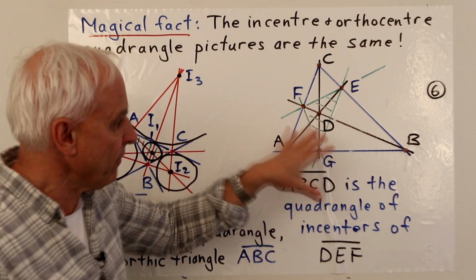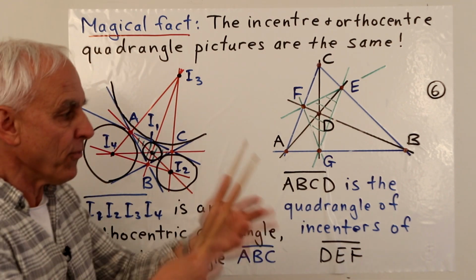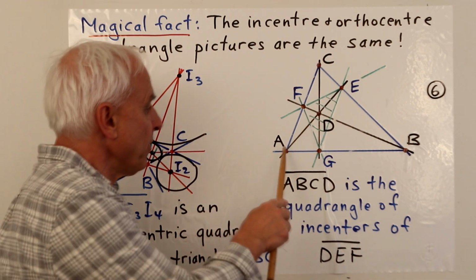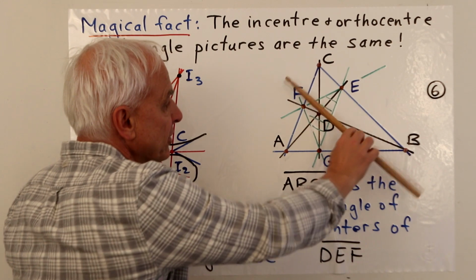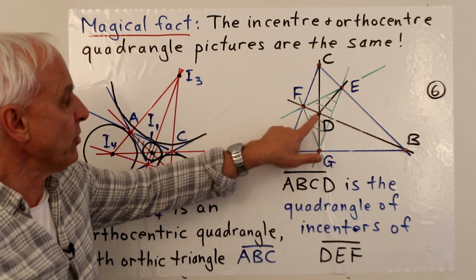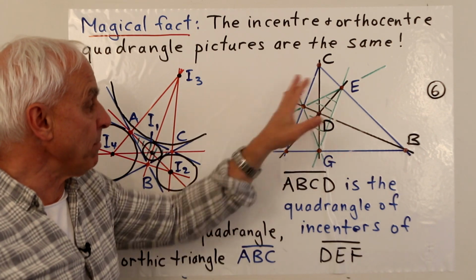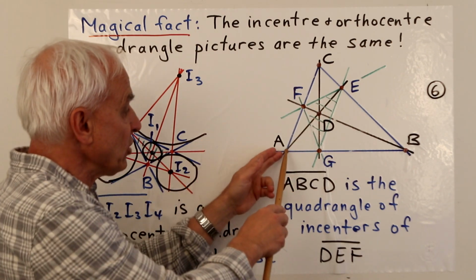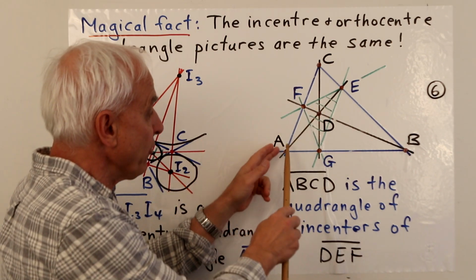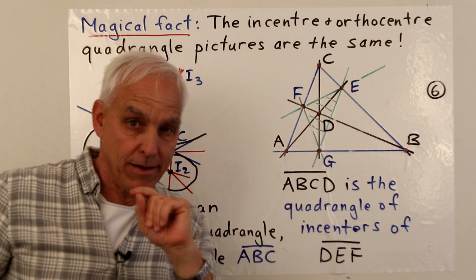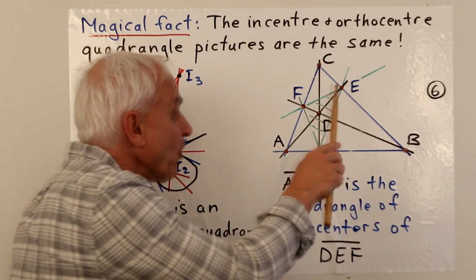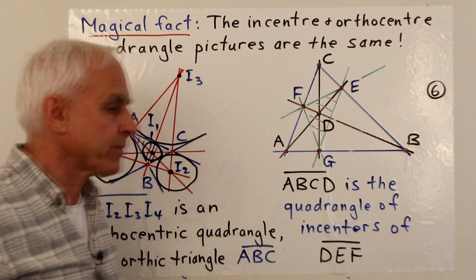Here's a copy of that orthocenter diagram. We started with A, B, C, and we drew altitudes, and we found D to be the orthocenter of the triangle ABC. Then we said, okay, now we have an orthocentric quadrangle ABCD with orthic triangle EFG.